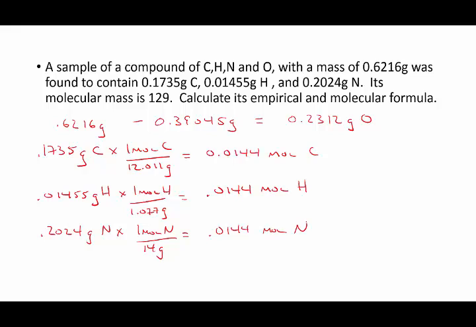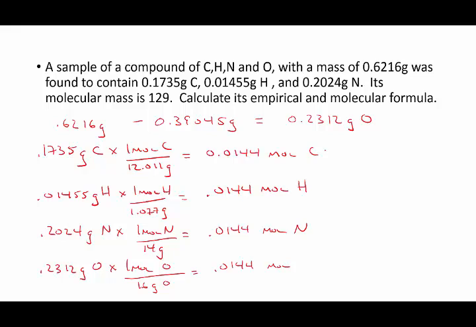And lastly, taking the 0.2312 grams of oxygen that we previously solved for, 1 mole of oxygen, it's 16 grams of oxygen from the periodic table. And this is a fairly nice problem because clearly the smallest number of moles that we need to divide each of these by is 0.0144.